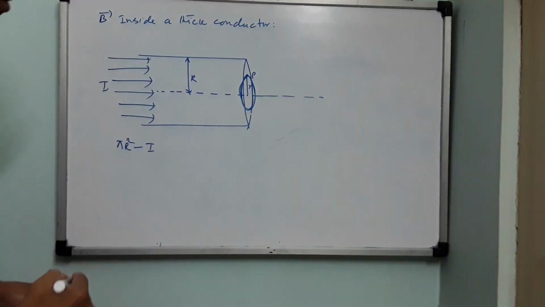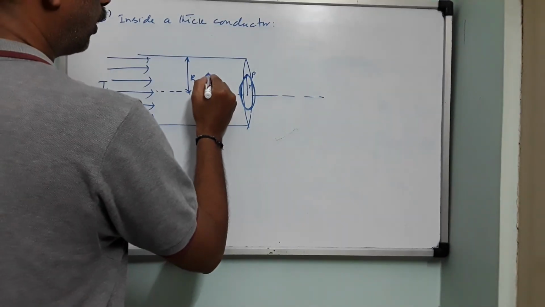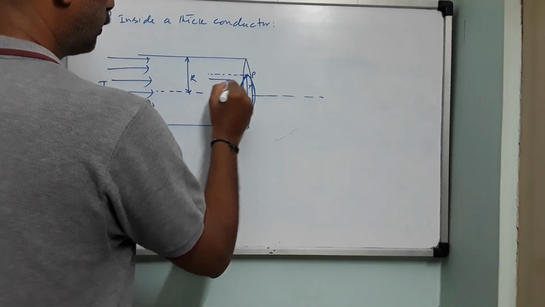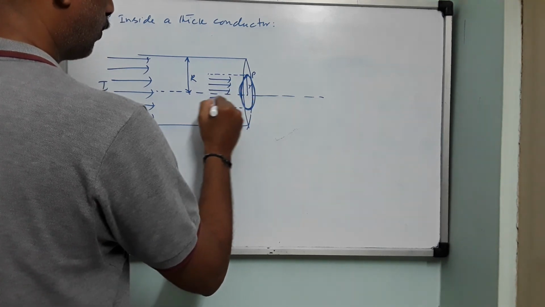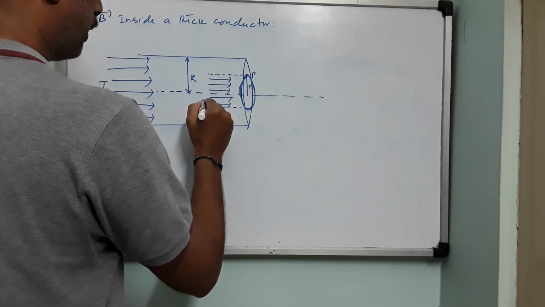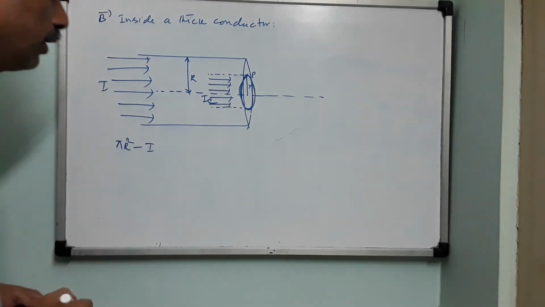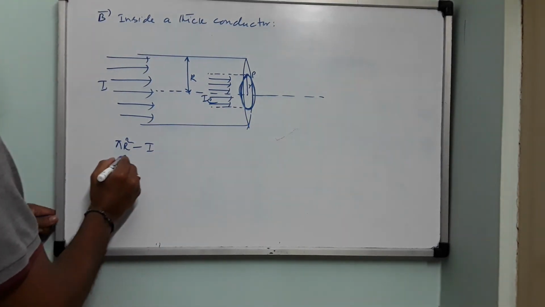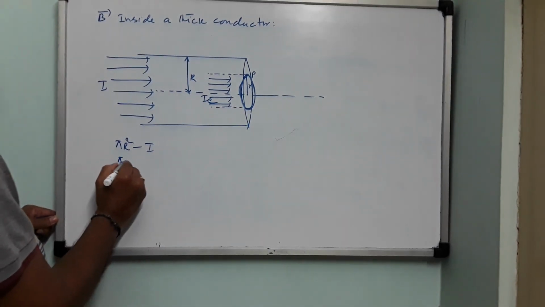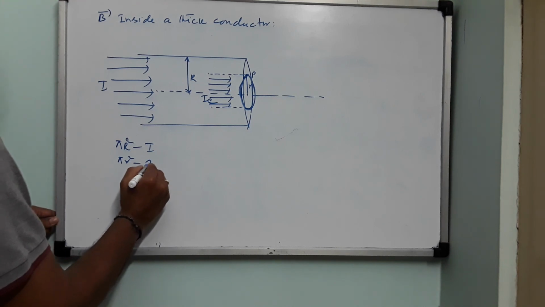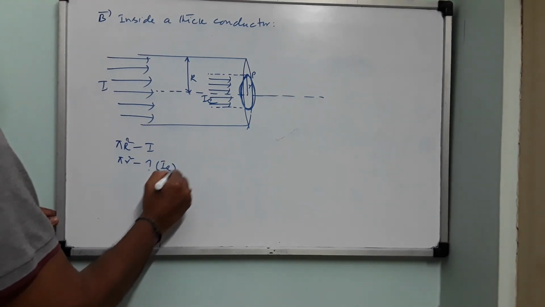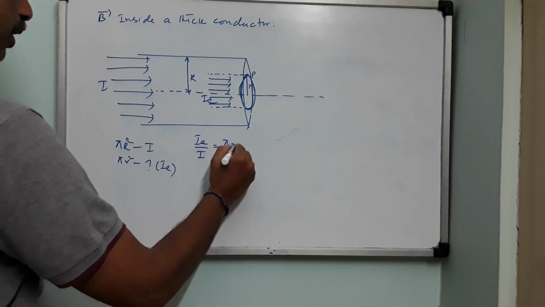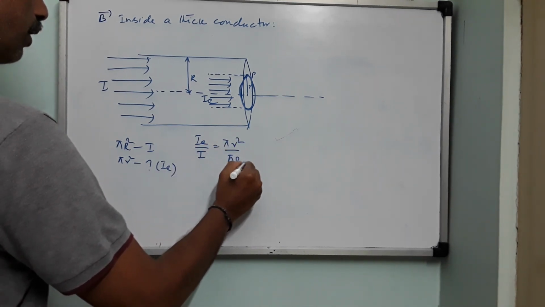This is the current enclosed by the Amperian loop, so I name it as I subscript E. If pi R square carries a current I, then pi small r square carries how much current? This I call I E. So I E by I, take the ratio, equals pi small r square by pi capital R square.